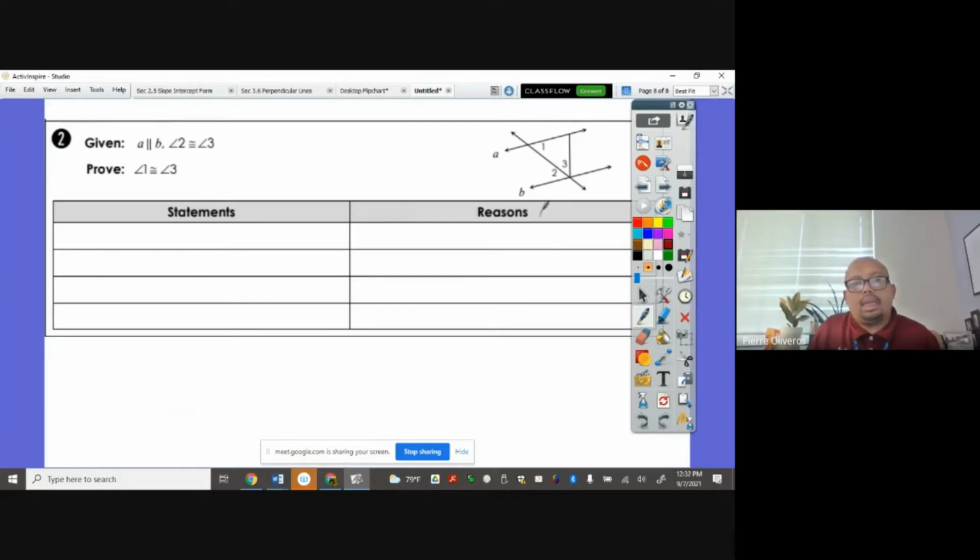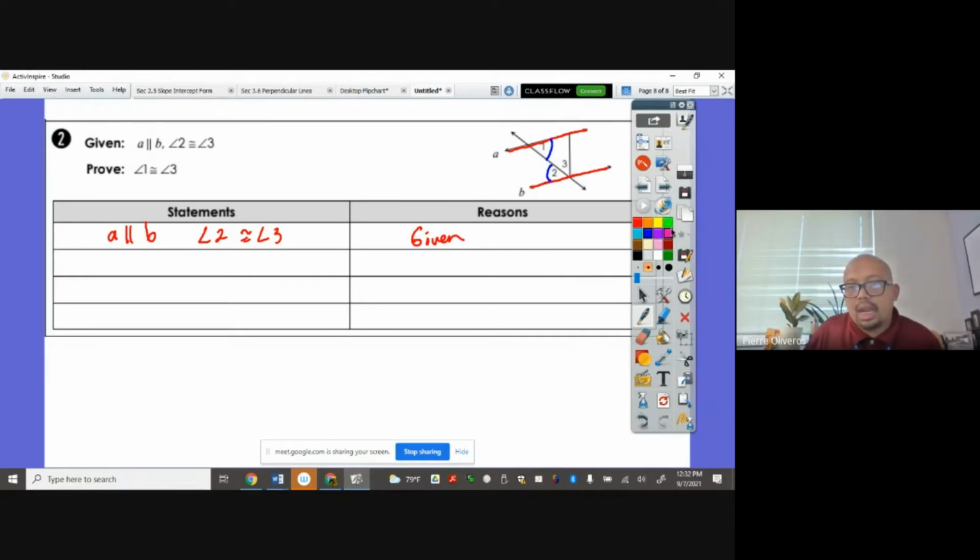Given A and B are parallel, so these two here are parallel. Okay, so that will be right here. A and B are parallel, and angle 2 and angle 3 are congruent. That will be my given. And let's analyze the figure first. If they're parallel, we know that 1 and 2 are congruent because they are what?